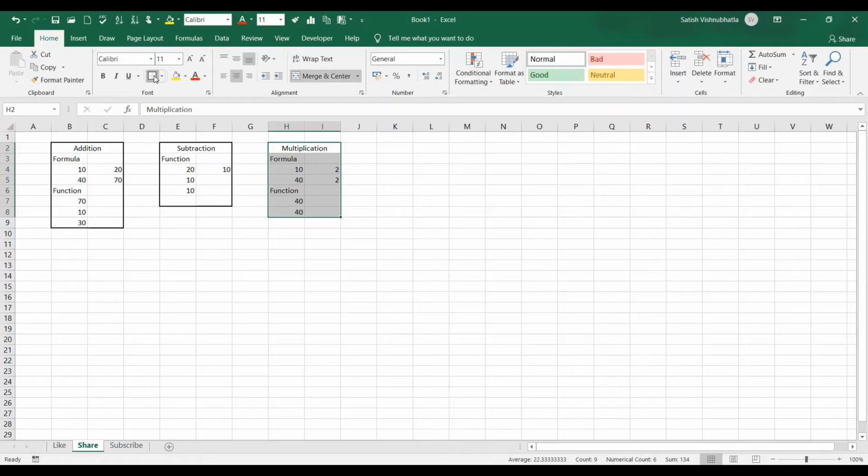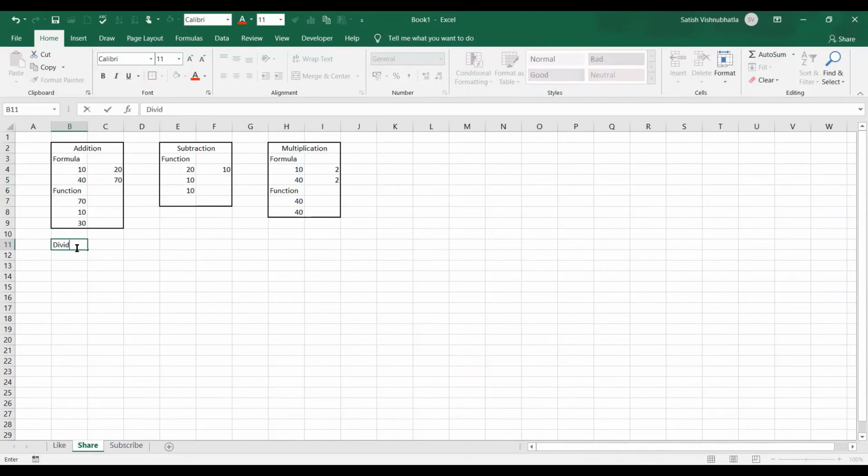Now coming to the fourth operator, which is division. This only has a function because we can't divide multiple numbers, just like subtraction. Division is repeated subtraction, right?